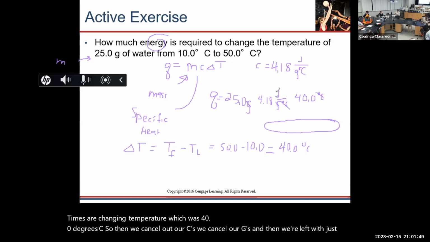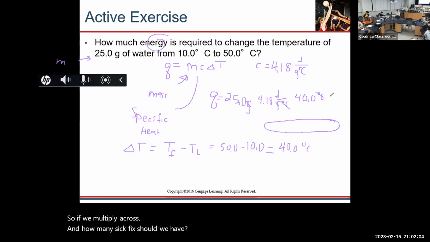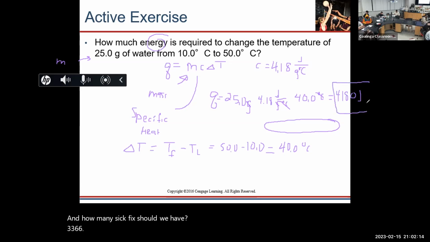So if we multiply across, and how many sig figs should we have? 3 sig figs. 4,180 joules.